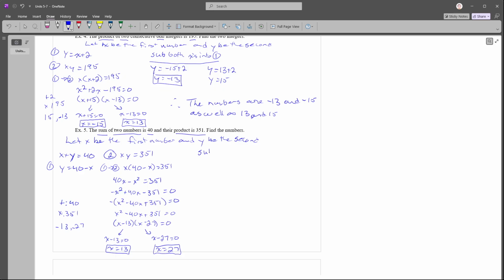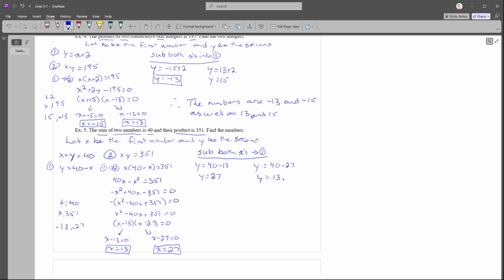So sub both x's into 1. So in the first situation, we have y is equal to 40 minus 13. So y is going to be equal to 27. Okay. And over here, we have y is equal to 40 minus 27. So y is equal to 13.